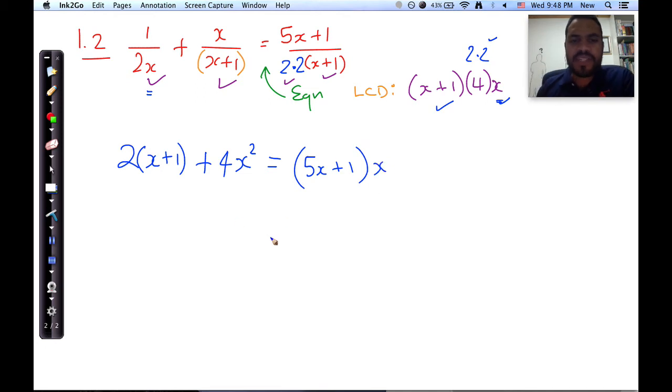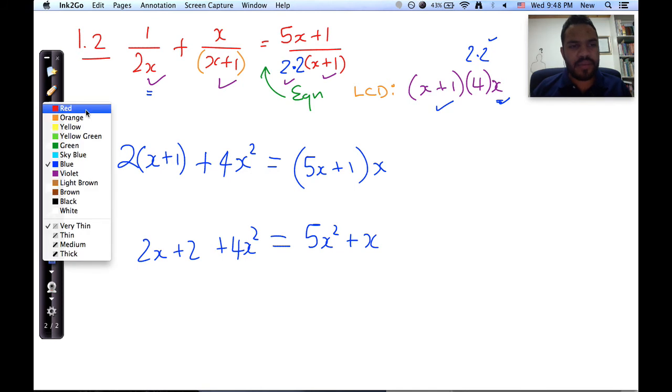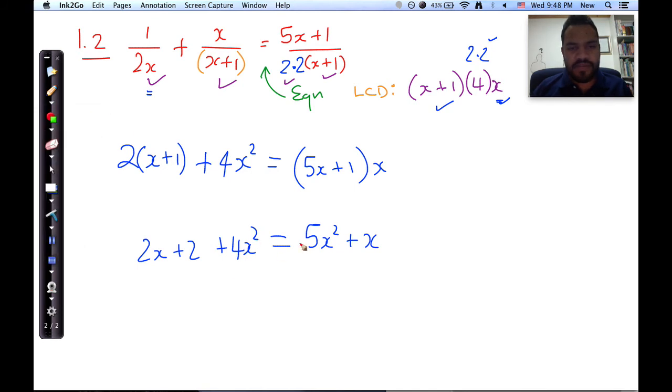Okay, the rest is fairly simple algebra. That's going to be 5x squared plus x. This is going to be 2x plus 2 plus 4x squared. All you need to do at this point is get all your x's on one side and work towards 0. I can clearly see 4x squared and 5x squared leaves me with just an x squared on this side.